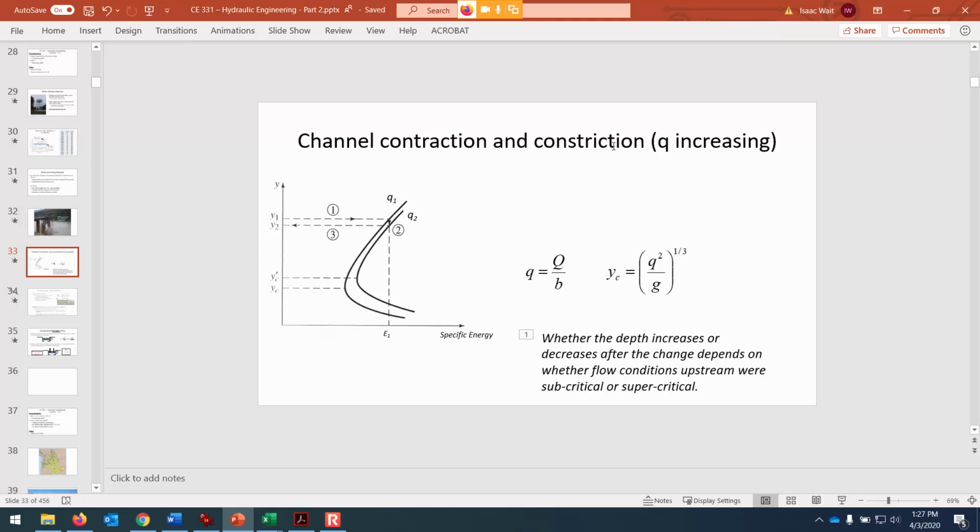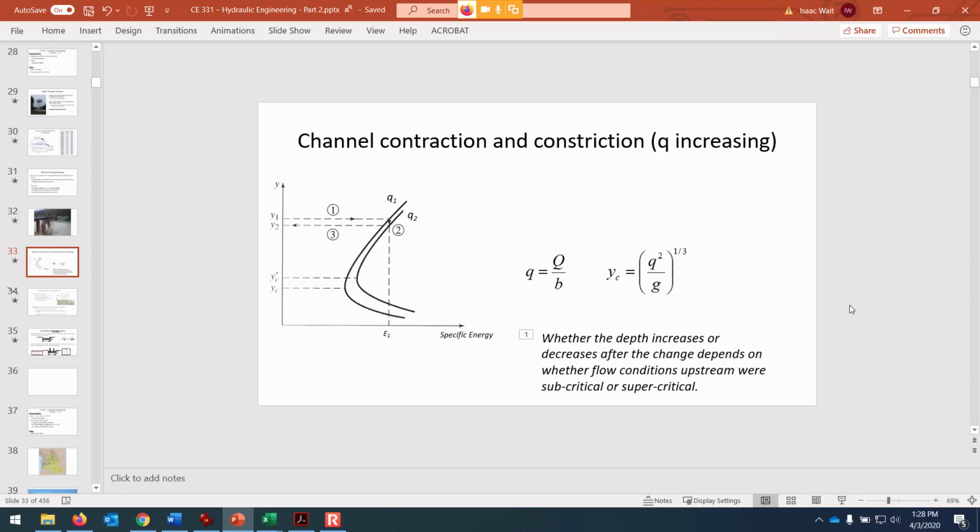Today we're just going to be focusing exclusively on what if there's some vertical obstruction in the channel that makes the width, which is B, less than it otherwise would have been. So lowercase q, the flow per unit width, is the flow rate divided by the width of the channel.